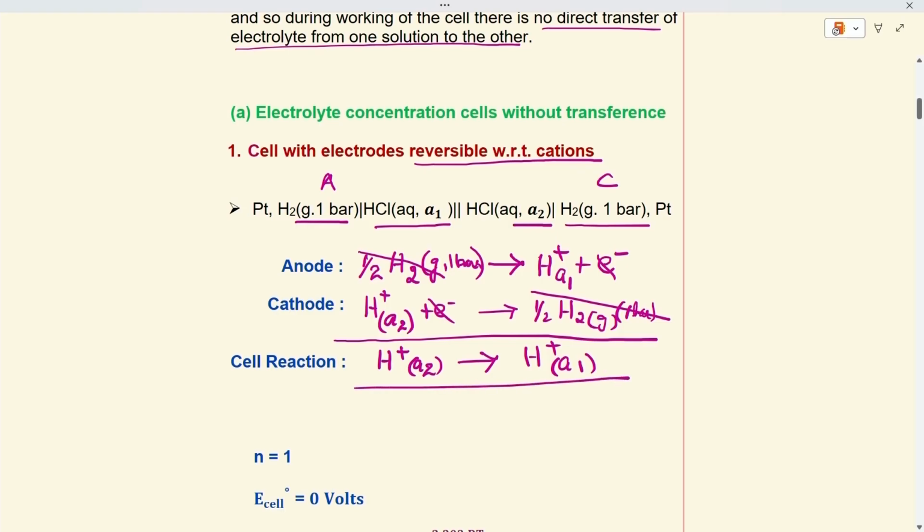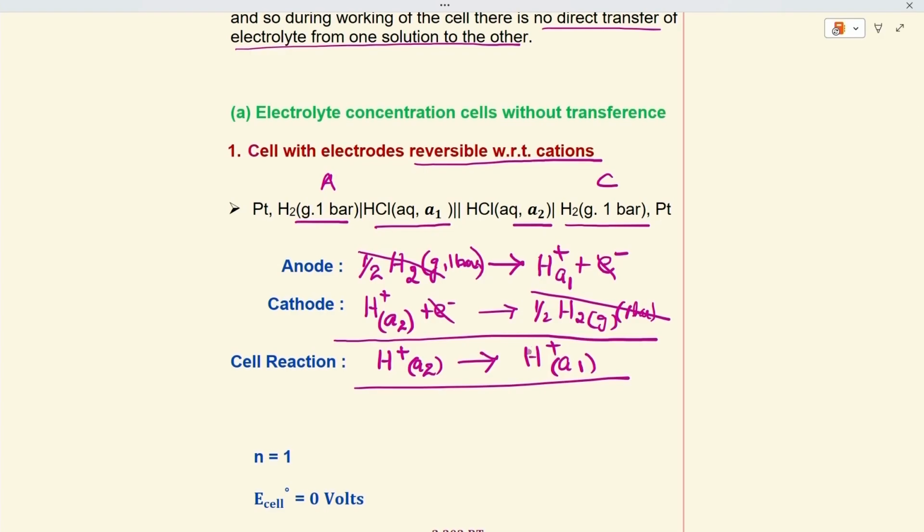That is, hydrogen ions are moving from the cathodic compartment to the anodic compartment. That is what is occurring here. Again, this is transference of matter from cathode to anode, that is H plus ions, and therefore, this is again a concentration cell. Here the value of n is equal to 1.